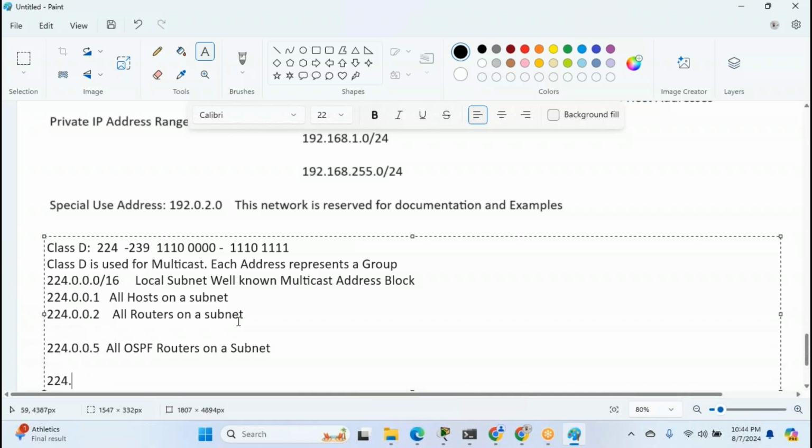Then we have 224.1.0.0/16. This is the internet scope well-known multicast address block.